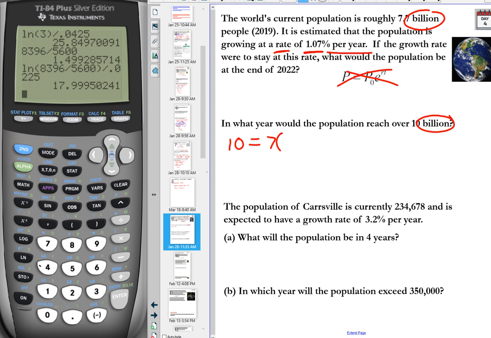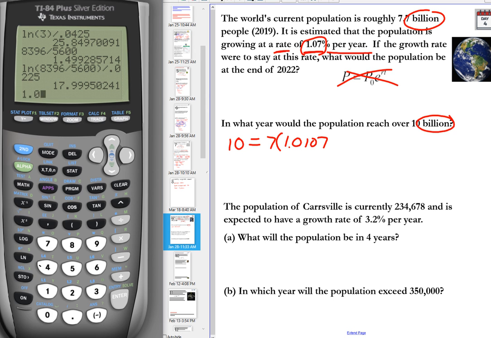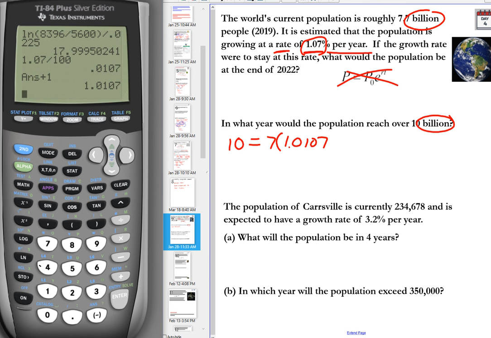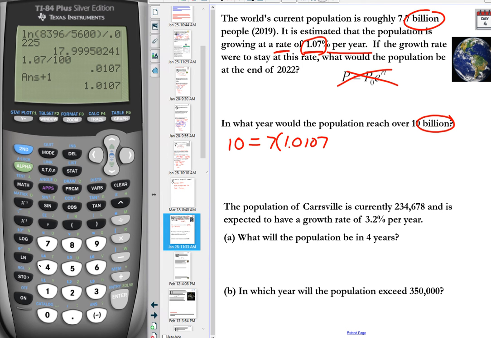So the growth factor is not 1.07, it's 1.0107, because you're turning this number into a decimal, 1.07 divided by 100, and then adding that to 1, to the power of time. How many years?